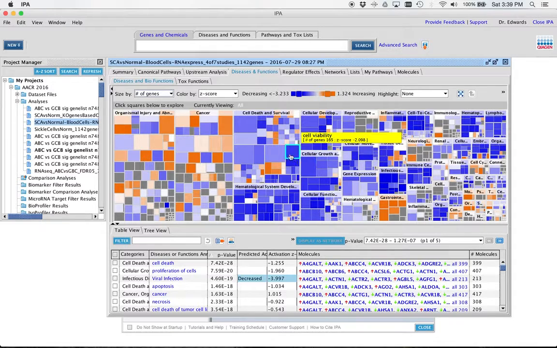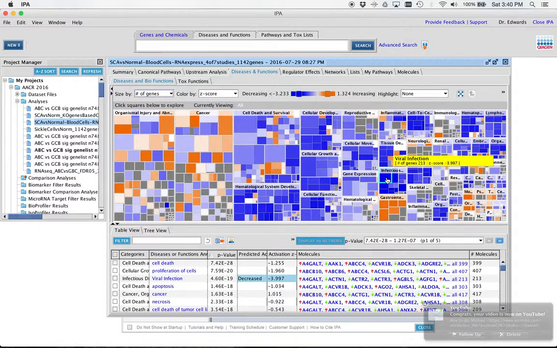If it's blue, that means based on the gene expression, we would expect that pathway or function to be inhibited. If it's orange, it's expected to be more activated. And you can see there's a lot of stuff down in genes that change in sickle cell compared to normal. A lot of downregulation of T lymphocytes, but I wanted to show you something here.